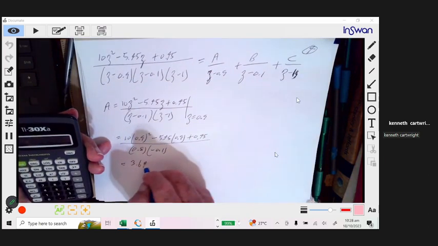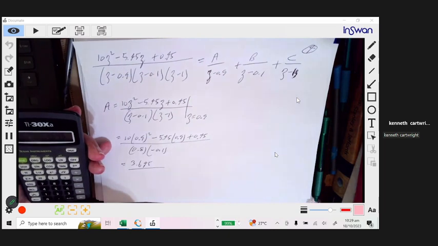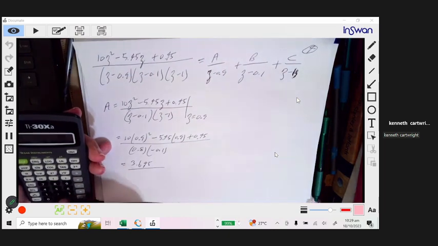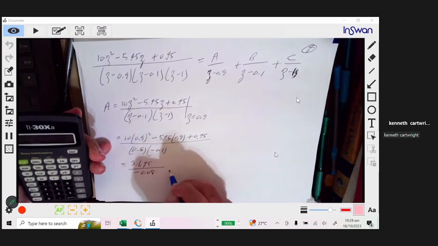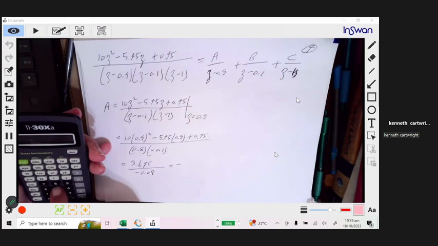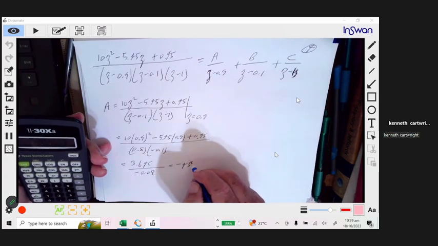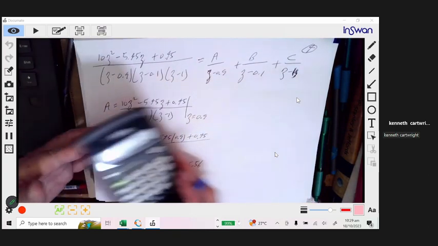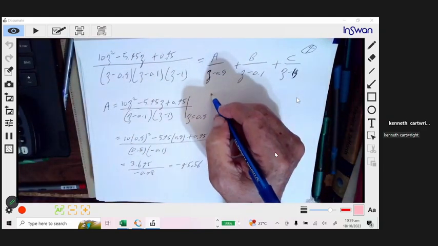That's the top, divided by the bottom, negative 0.08. And so A is 3.645 divided by negative 0.08, which is negative 45.56. That's A.